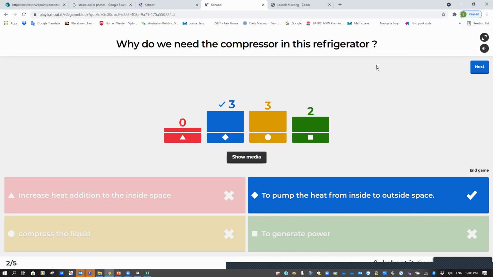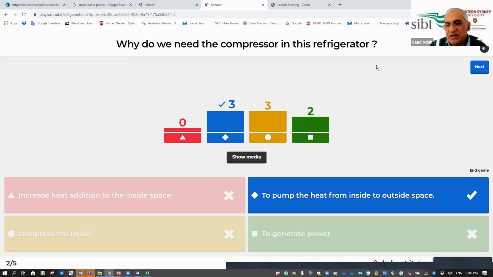But the compressor is actually compressing the liquid, is it not? Yes, compressing the refrigerant, but it works as a heat pump, to pump heat from one side to the other side. So we are taking heat from inside the refrigerator and pumping it.